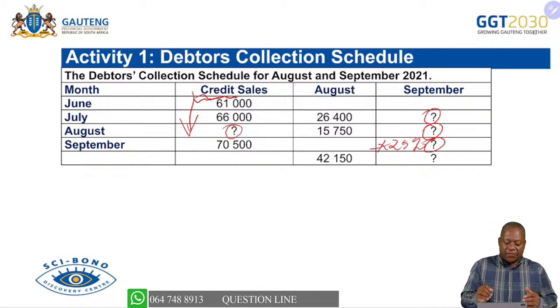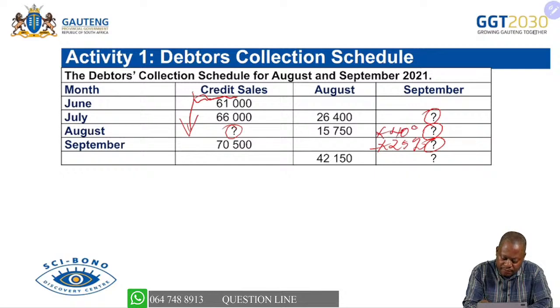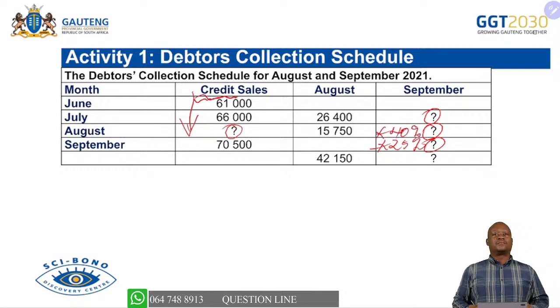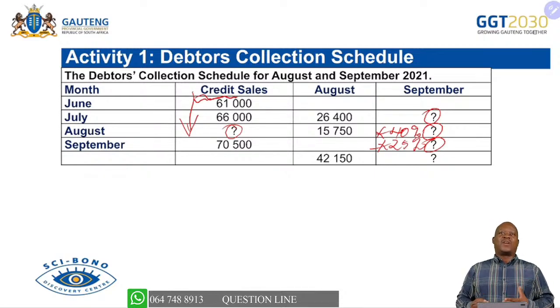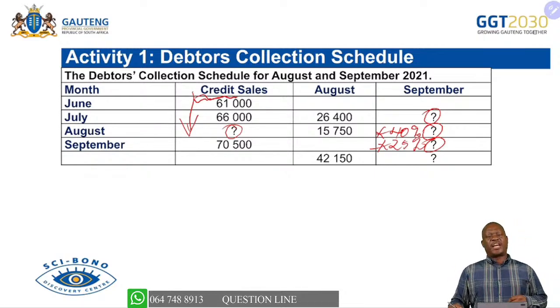So it means, therefore, where August and September meet, that's where we are going to have our 40%. Are you following? Check here. We are now starting from the bottom, going up to decide where we are going to collect a certain amount.